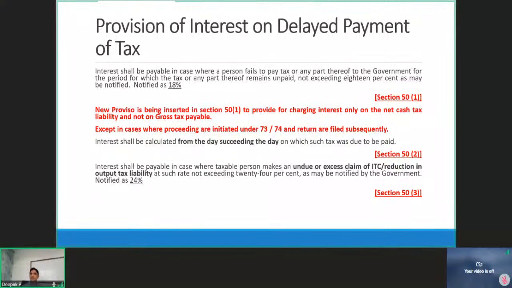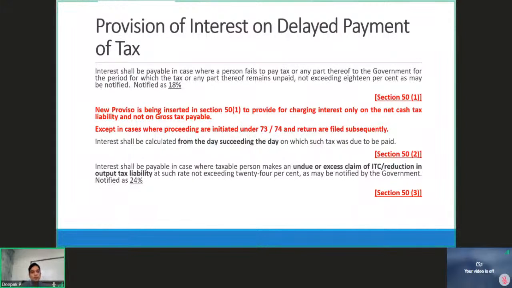So for the tax liability of 1 lakh, I have a credit of 60,000. So the question came up whether I should pay tax on 1 lakh, or 1 lakh minus 60,000, which is 40,000. So should I pay on the gross liability or on the net liability? That was a very judicious question, which got a lot of people to go to the High Court and things like that.